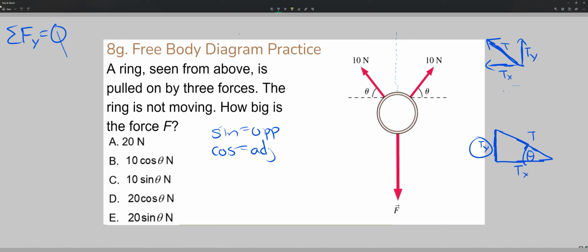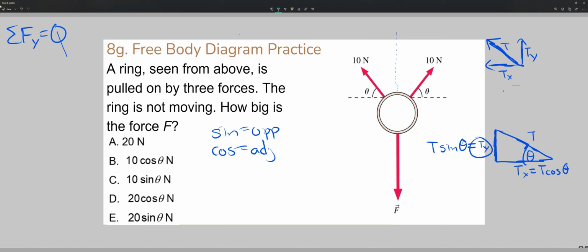So Ty is equal to T sine theta. And Tx, T sub x, is adjacent to this theta, so I'm going to use cosine, and I'm going to lead it off with my hypotenuse: T cosine theta.